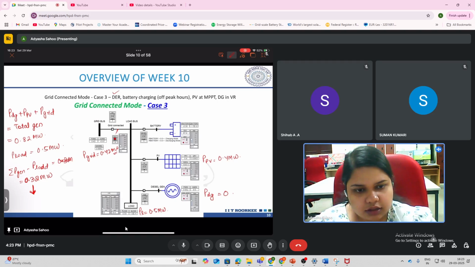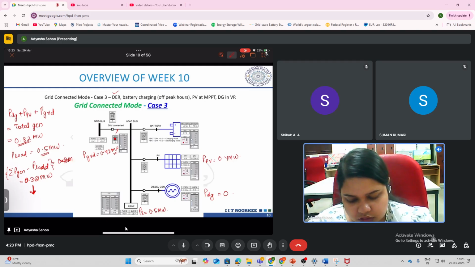You have excess generation here, right? P gen is greater than P load. 0.82 is the total generation, 0.5 is your total load. So you can use the excess generation to charge your battery, and by how much? By 0.3 megawatt, 0.32 megawatt.